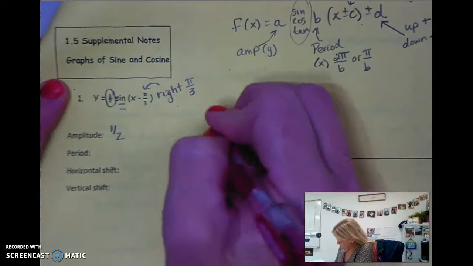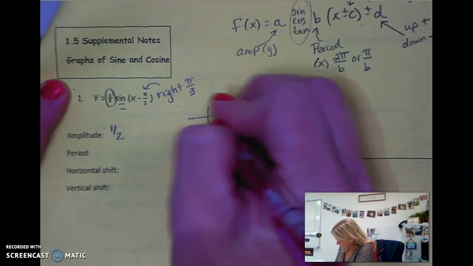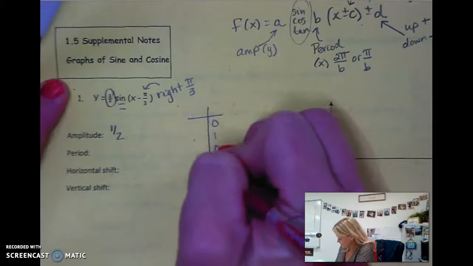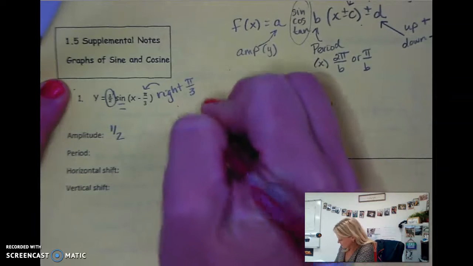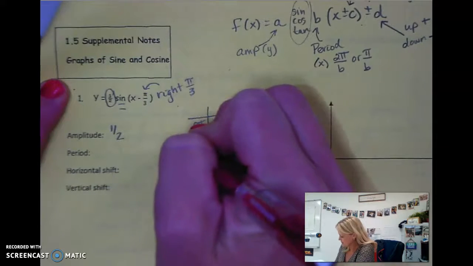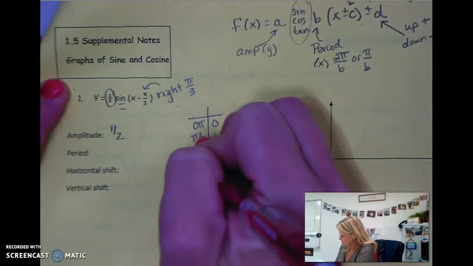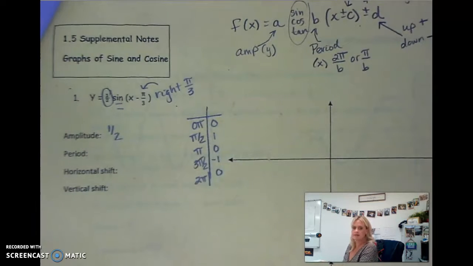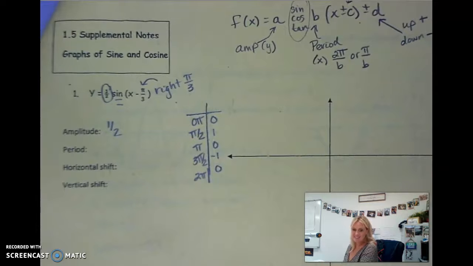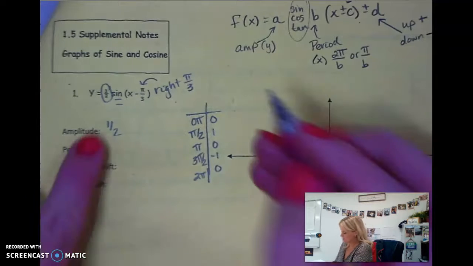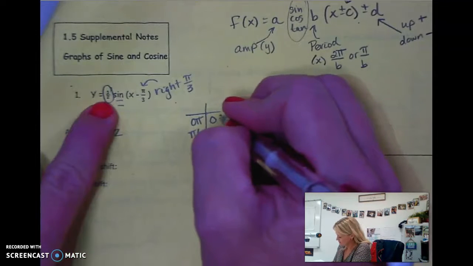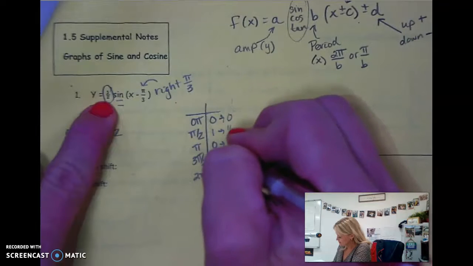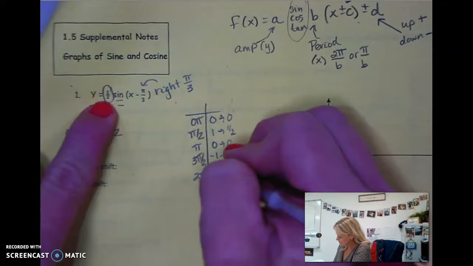So if I get my parent chart out, normally with sine we're at 0, 1, 0, negative 1, and 0, at 0 pi, half a pi, pi, 3/2 of a pi, or 2 pi. Okay? Now, the easy side is usually the y side. So we're going to multiply everything by 1/2. This still stays 0. This stays a half, 0, negative 1/2, and back to 0.